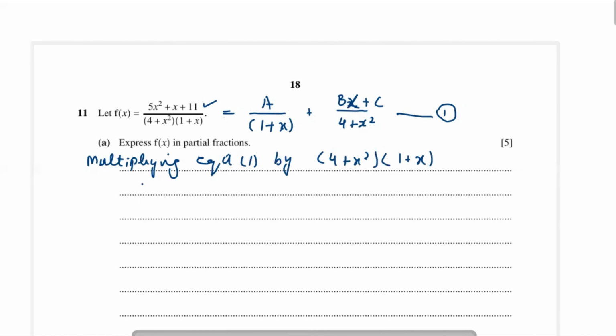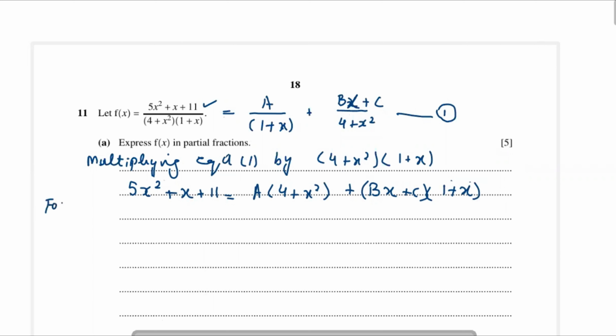After multiplying, the left side becomes 5x square plus x plus 11, and the right hand side becomes A into (4 plus x square) plus (Bx plus C) into (1 plus x).